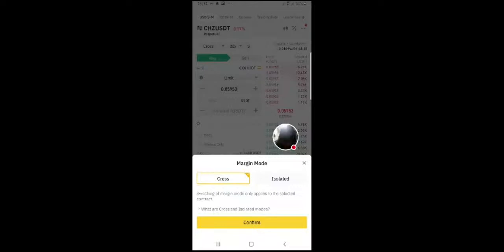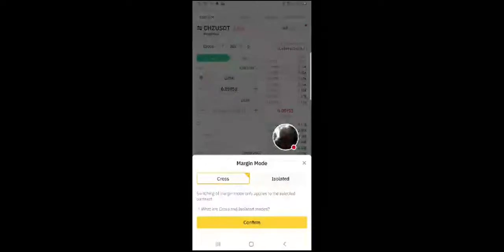What they mean is that if you have $20 in your future account on this platform, if your point is going low, there is tendency that all your money goes.